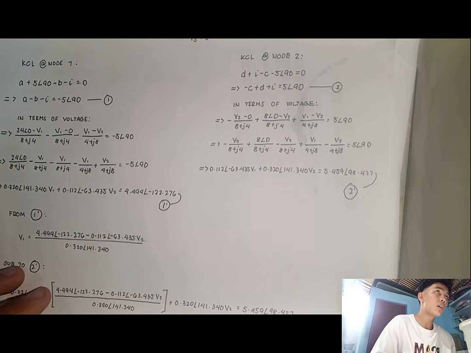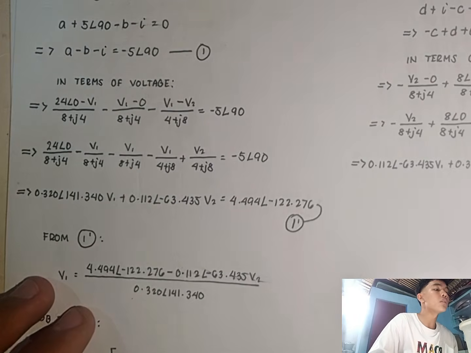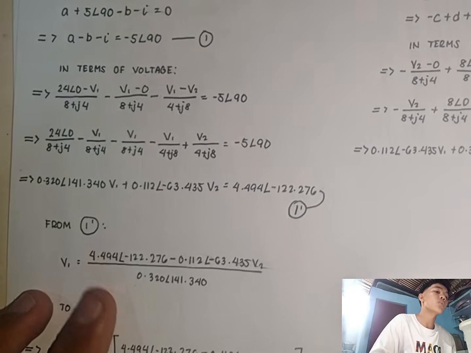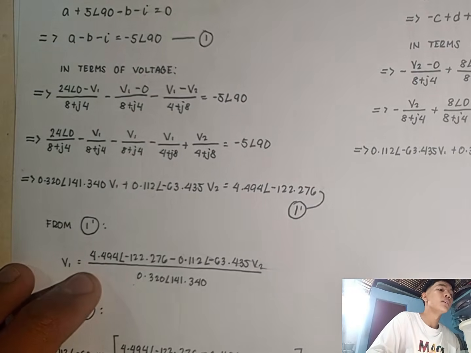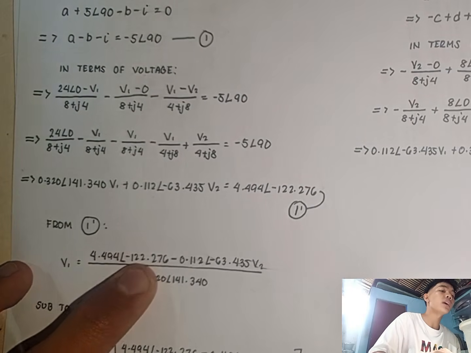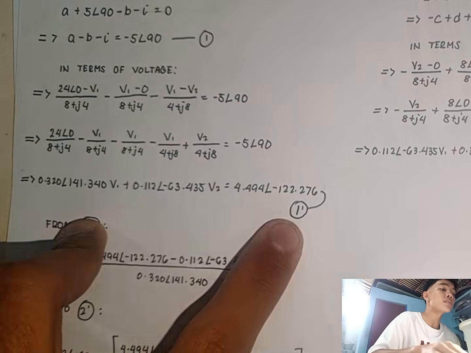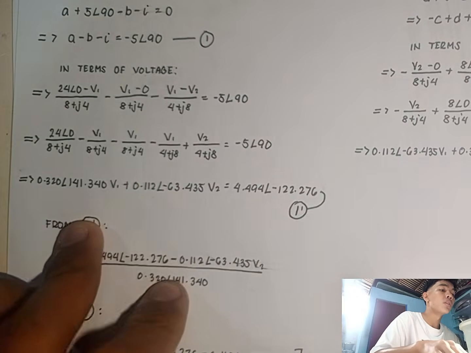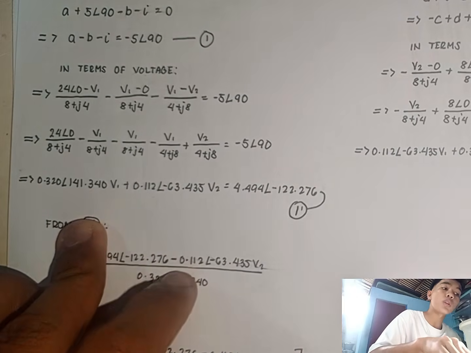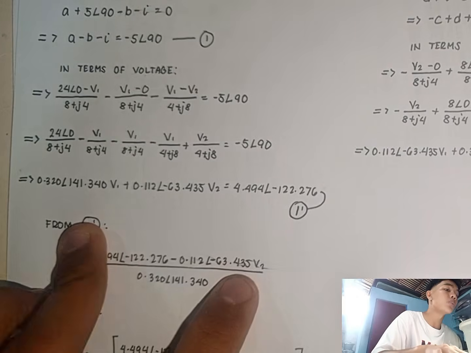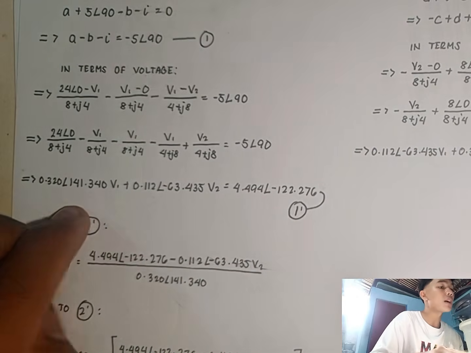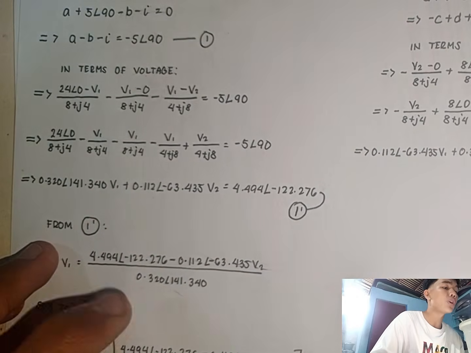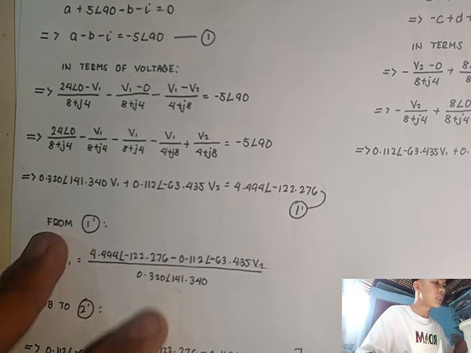From our equation 1 prime, we obtain the value of V sub 1 as 4.494 angle of negative 122.276, then transpose this, so we get negative 0.112 angle of negative 63.435 V sub 2, over the coefficient of V sub 1, which is 0.320 angle of 141.340.